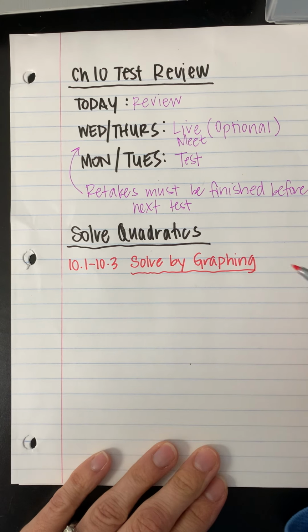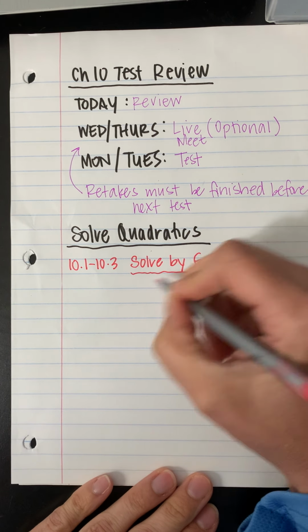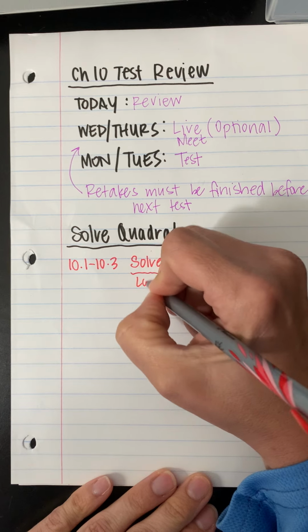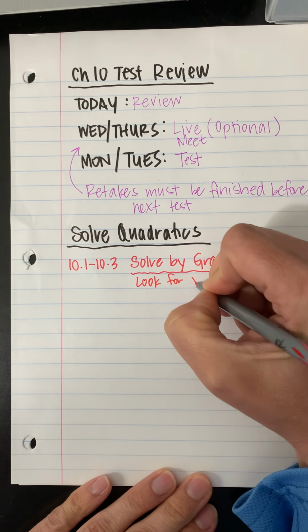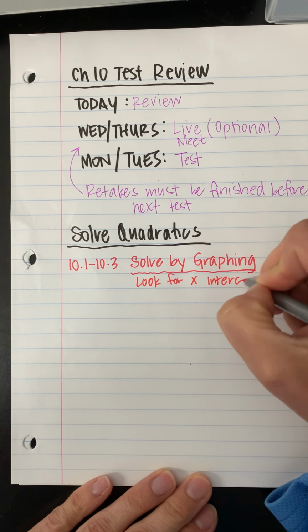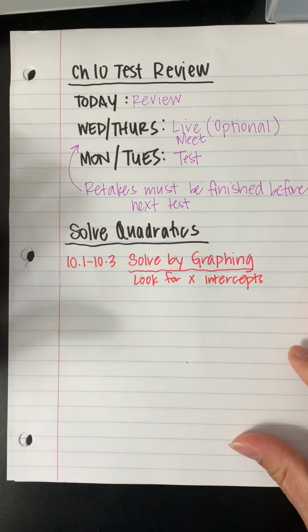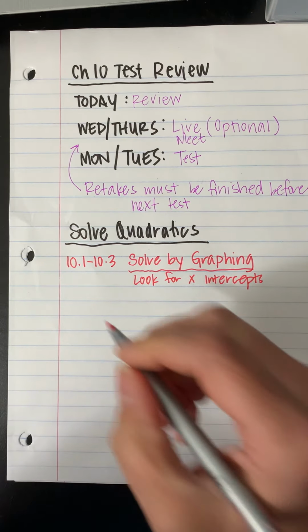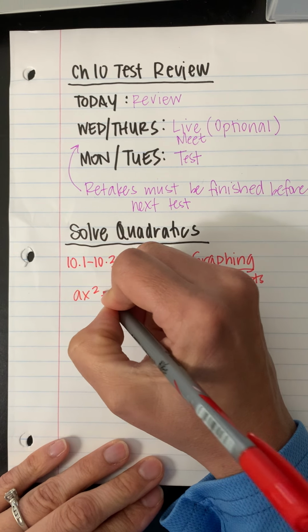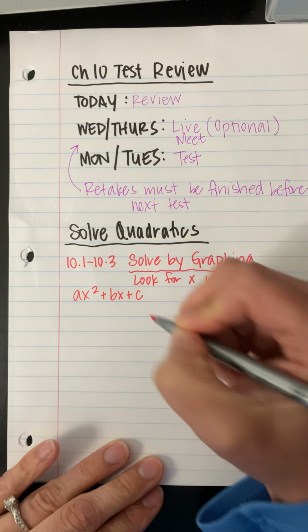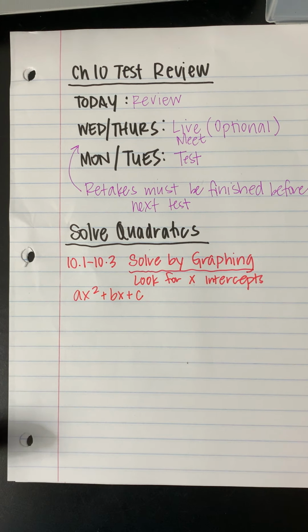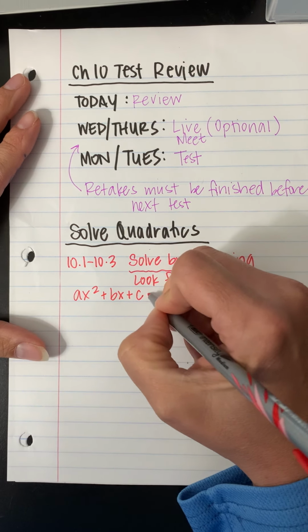Now, for solving by graphing, we're looking for the x-intercepts. So those are the points on the x-axis. And so when we do this, we're going to get the equation equal to 0 to begin with.